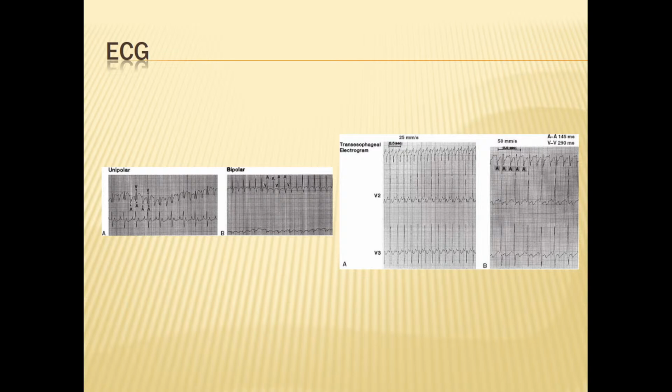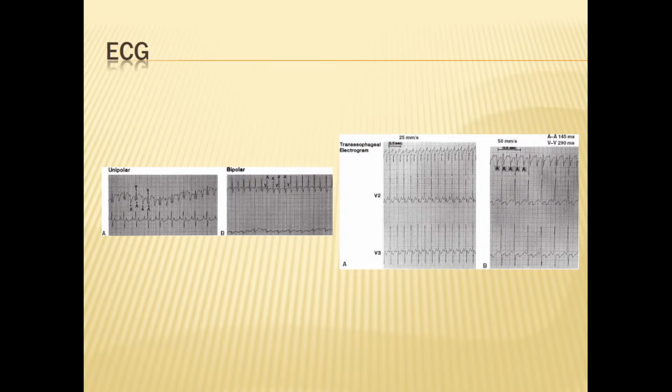We can see on the right side ECG, a transesophageal electrocardiogram, and chest leads from surface ECG V2 and V3. In chest lead, we see tachyarrhythmia, but we cannot see all waves from the atrium.